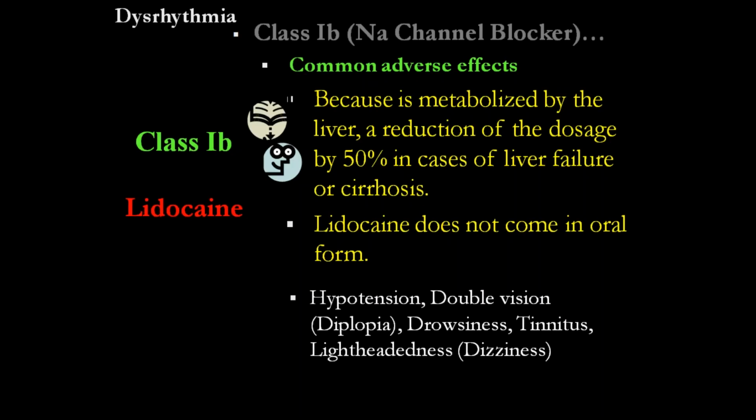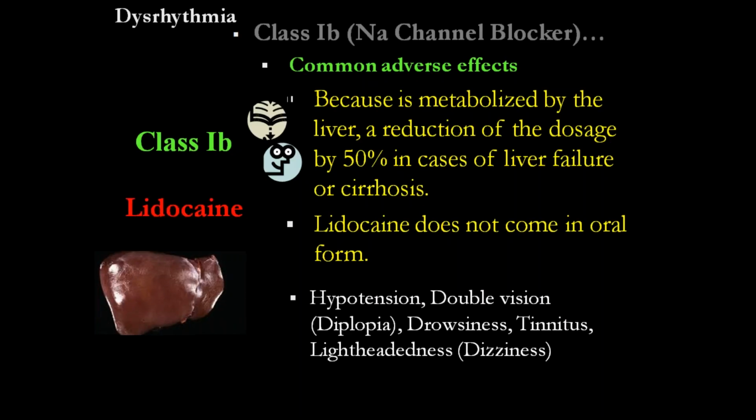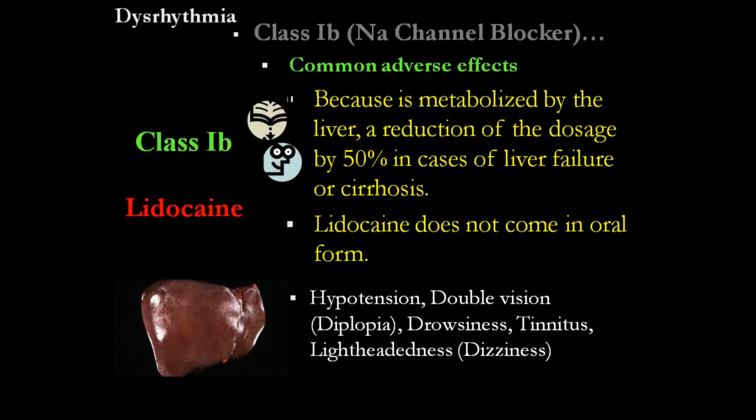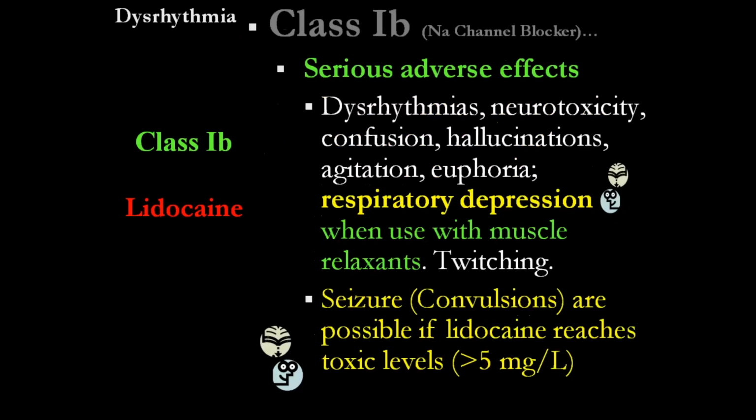It can be IV or intramuscular, but not PO, because it is going to be deactivated by gastric acid. So liver is important to remember. That is the nursing consideration: we need to decrease the lidocaine when the liver is not working properly.